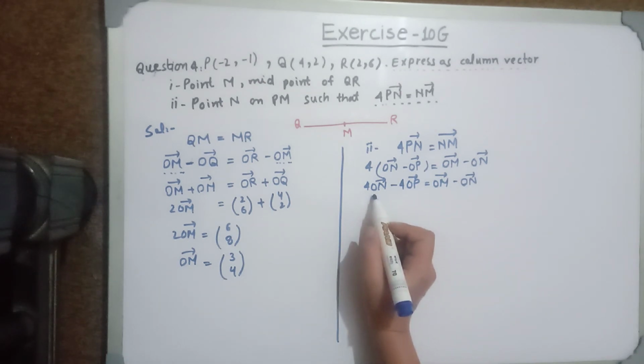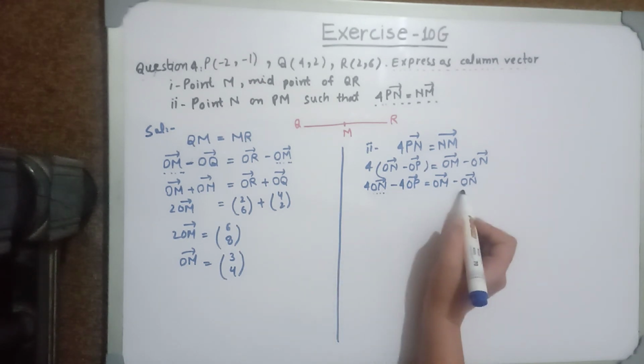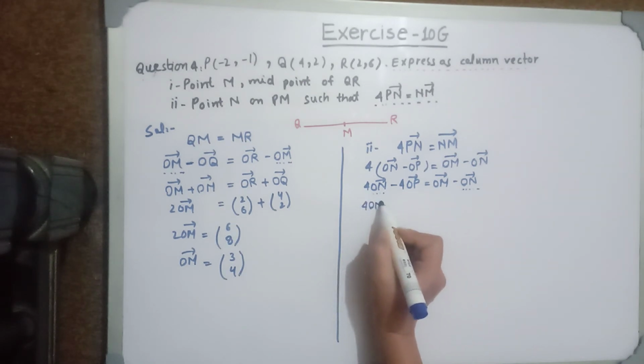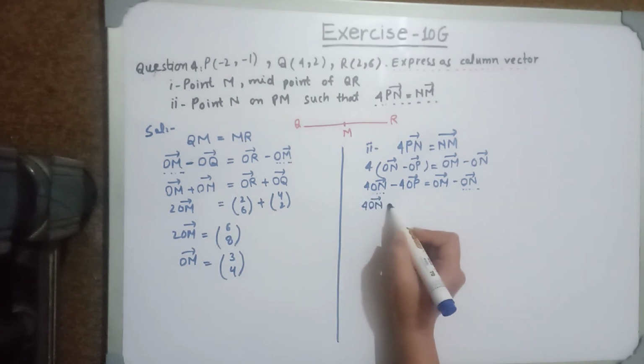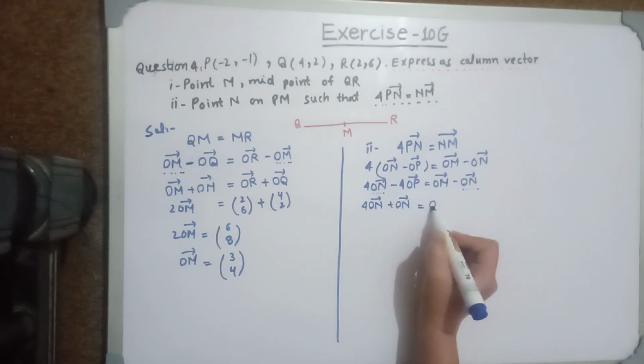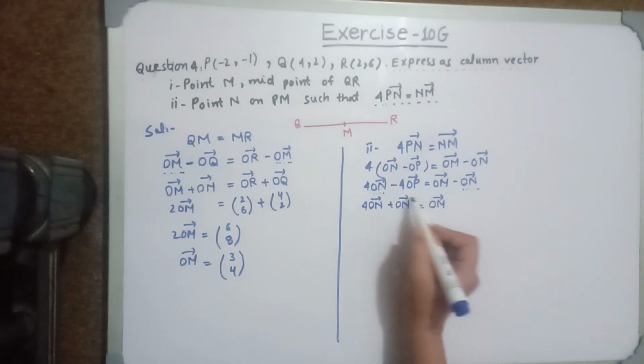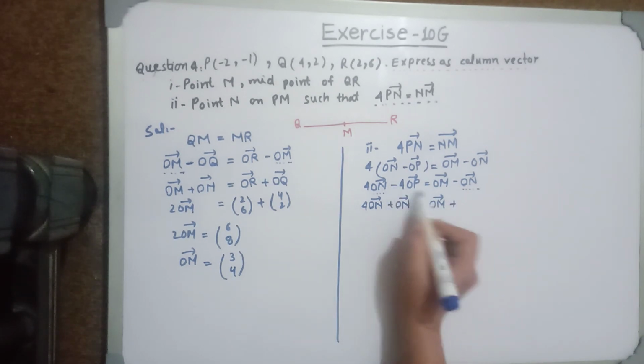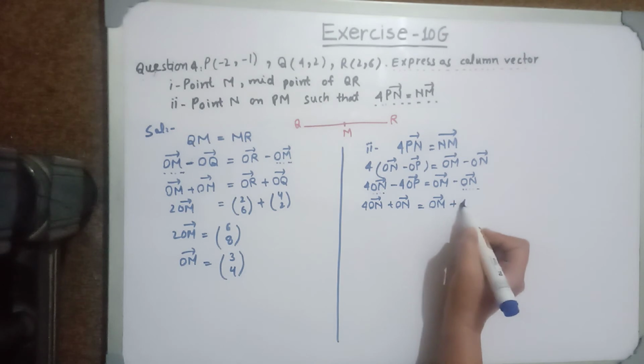Right, as I need to find this point N, so I'm going to bring it over this side and I will get 4ON plus ON, right, will be equal to OM plus 4OP. This OP, I'm going to bring it over here, so it will become positive, and this is what we'll have.